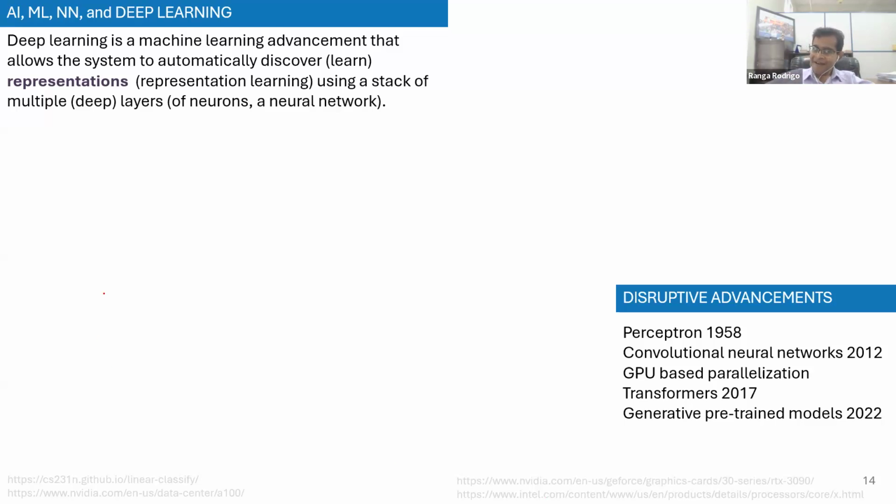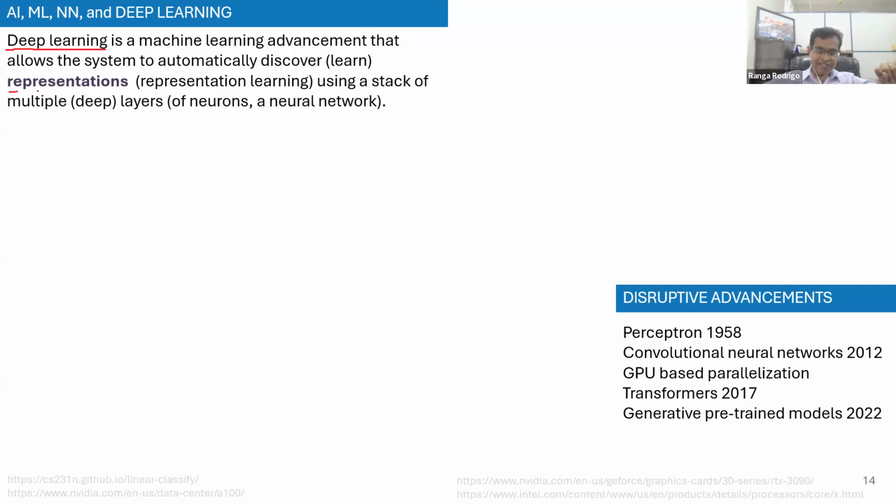Now let me introduce these terms, what I mean by AI, ML, NN, deep learning, and so on, especially the deep learning part. I know that you have taken a deep learning course. Deep learning is a machine learning advancement that allows the system to automatically discover or learn representations.